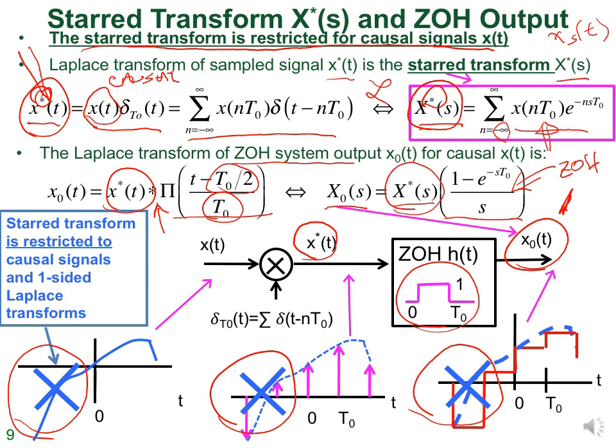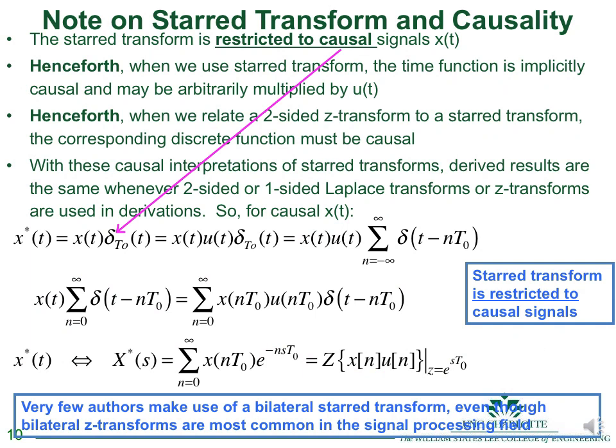So again, same pictures as we saw with sampling a general signal, but now these are restricted to causal signals for the star transform. So when we use the star transform, from here on, we're going to restrict it to a causal signal x of t.